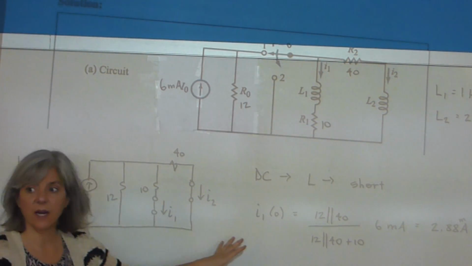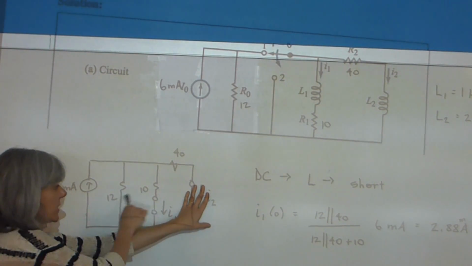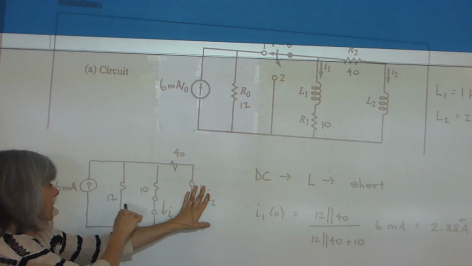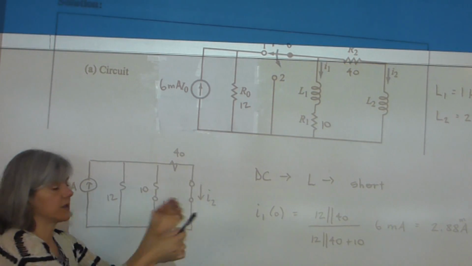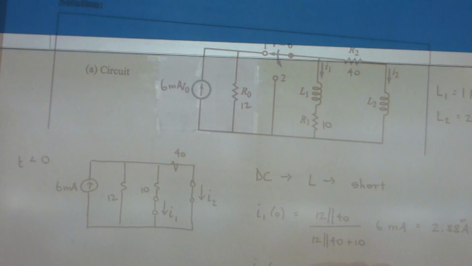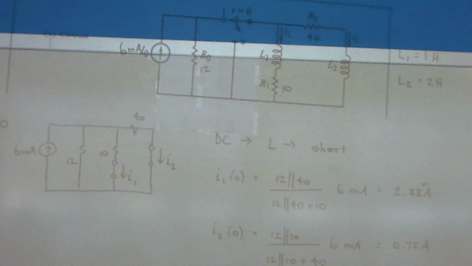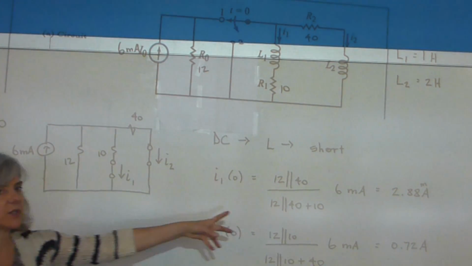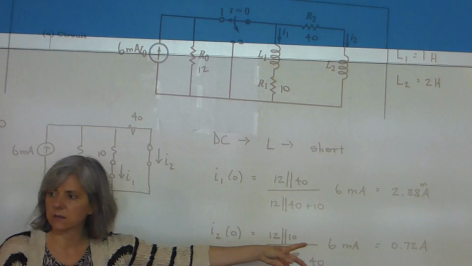Okay, and then we're going to do the same thing for I sub 2. For I sub 2, we're going to treat this as one resistance together, so 12 in parallel with 10, and then do the same process. Are we concerned that these 2 do not add to 6 milliamps?